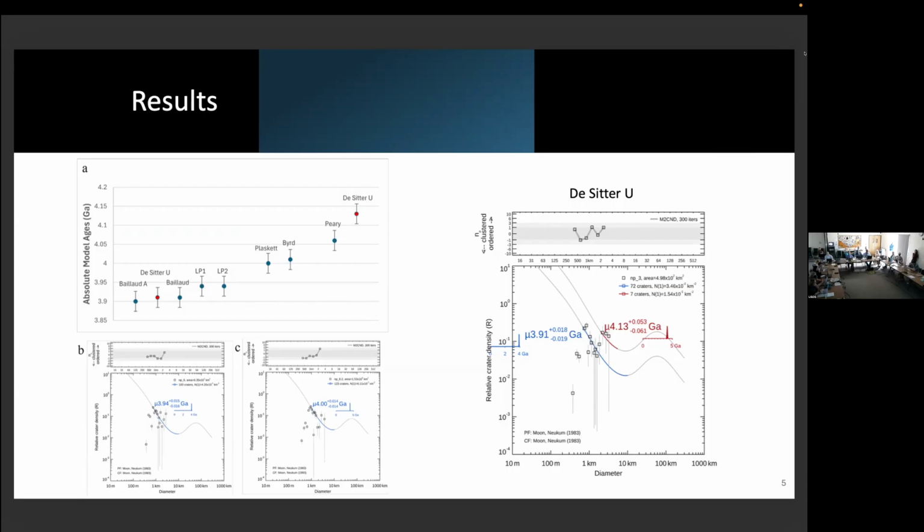First of all, it confirms this background older age of 4 billion years. But it's also showing this 3.9 billion year age, marking that something occurred at 3.9 that reset all of the other plains, but not necessarily influenced the entire pole. Okay. Next slide.